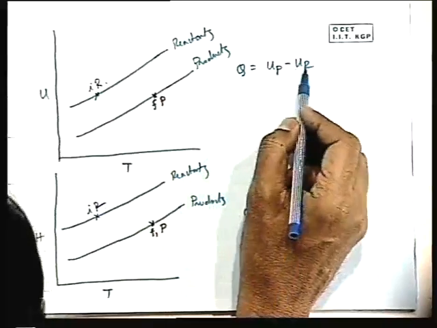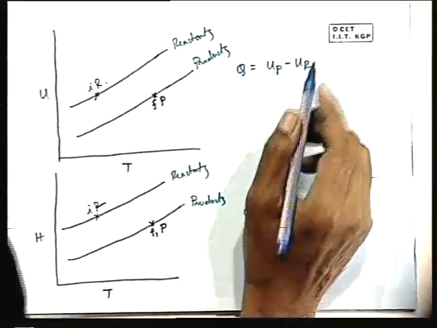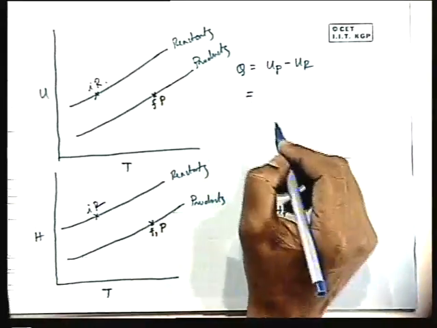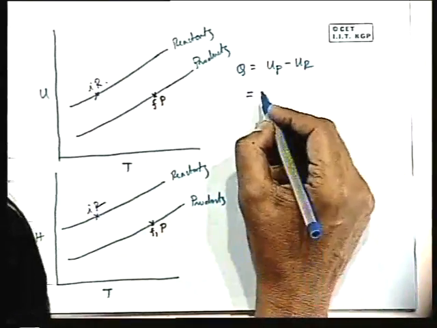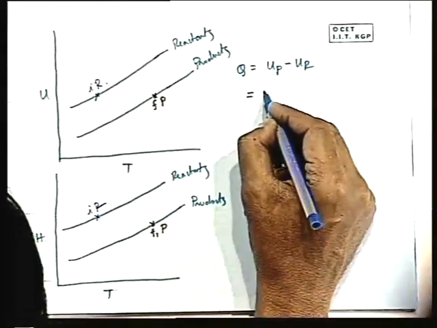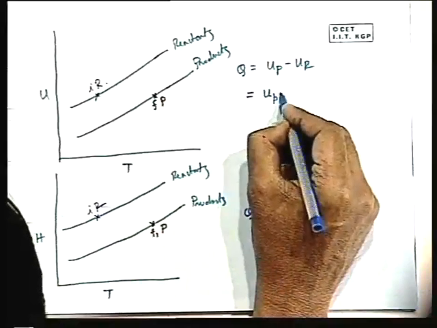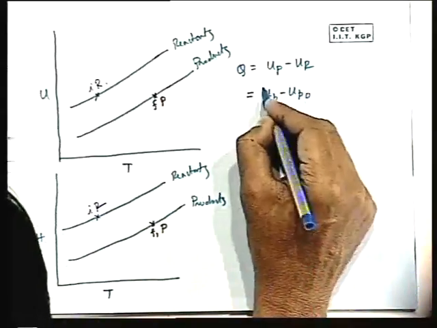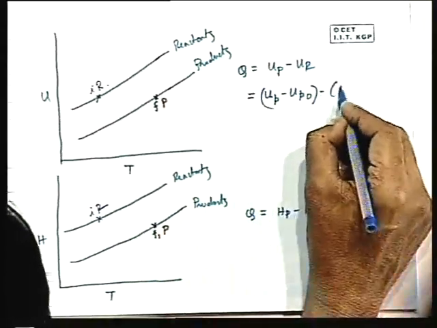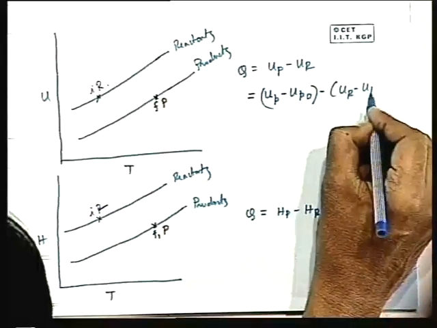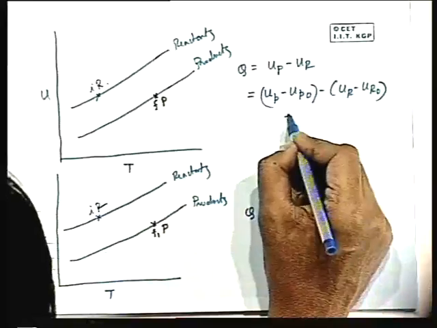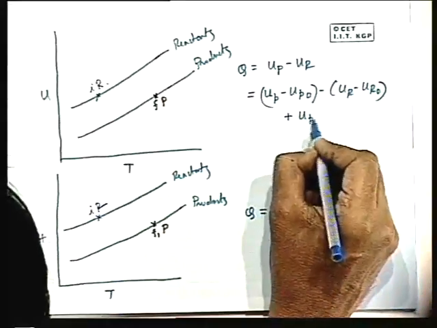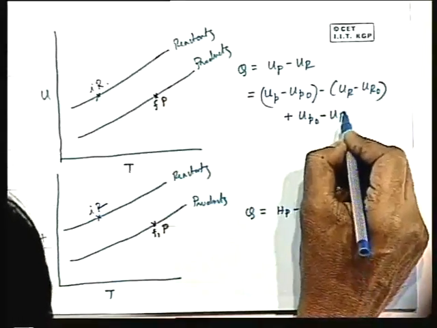So Q is equal to UP minus UR. There is a convention to write this equation in a little different form with some school level rearrangement of algebra. That means I can write this as UP minus UP0 minus UR minus UR0, then what I have to do, please tell me, plus UP0 minus UR0.